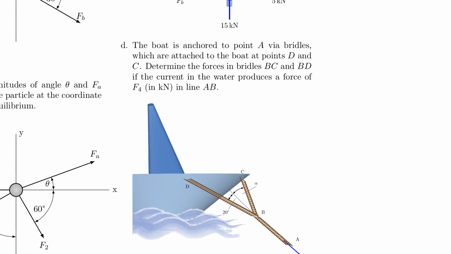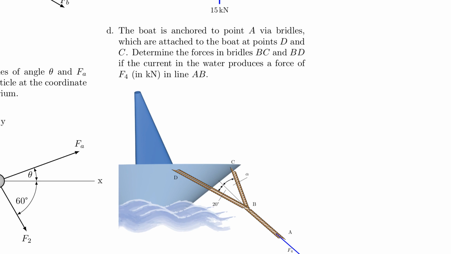And then here is another real world problem, if you will, where you have a boat that is attached to a bridle system, which then is anchored to F4. So there's a force of F4 acting in this cable AB because the boat is pulled away from shore, or from the anchor point, I should say.